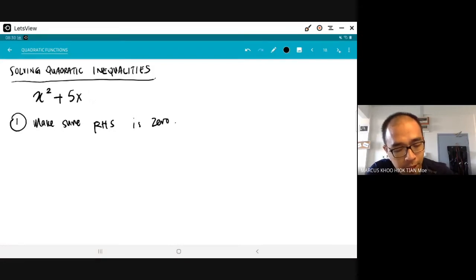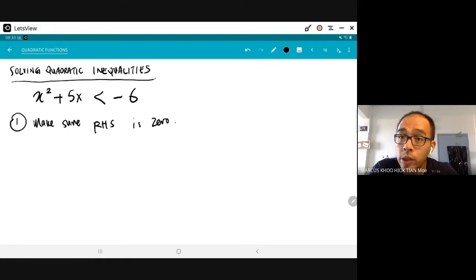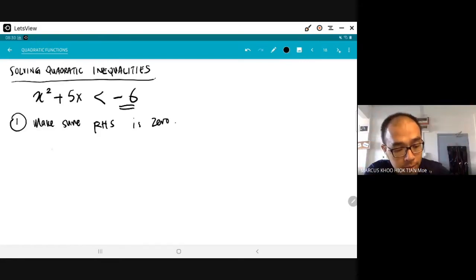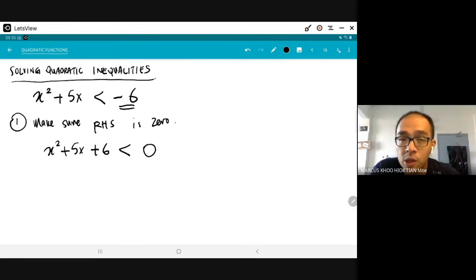Okay, let's say for example x squared plus 5x is less than negative 6 contohnya. So you cannot do this yet lah. You cannot do anything yet sebab di sebelah kanan bukan kosong. How do you make sebelah kanan kosong? Kamu pindah negatif 6 pergi sebelah. So x squared plus 5x plus 6 is less than 0. Okay, I think I want to do less dahulu lah. Okay, saya tengok less dahulu.